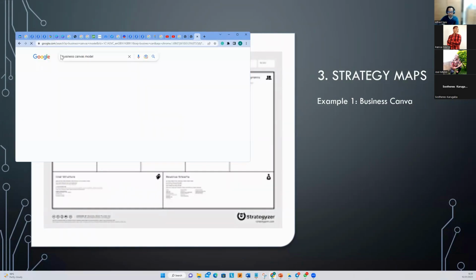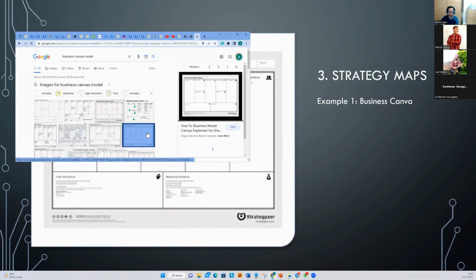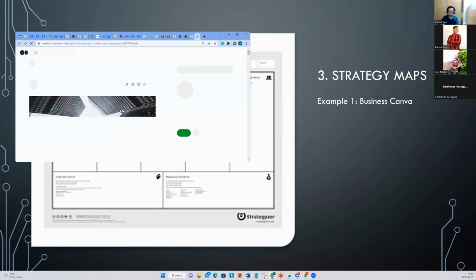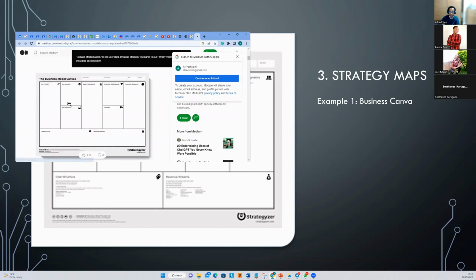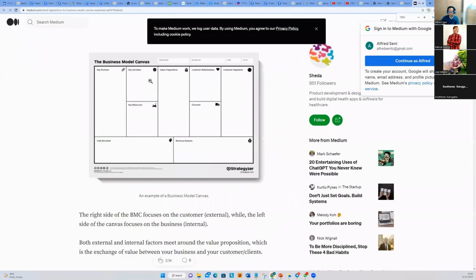Okay, so that's something else. Okay, so the first category ni key partners, right? And then the second category kwenye hizo boxi mbili zinazofuatia ni key activities. I'll share a better picture with a better resolution.